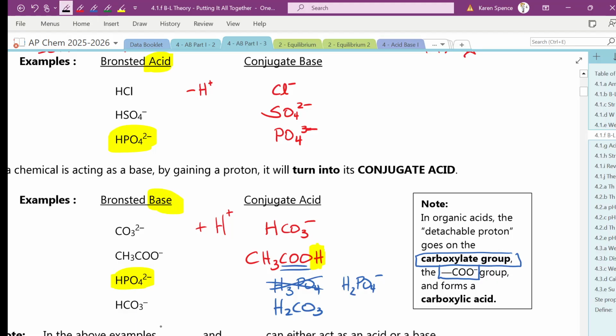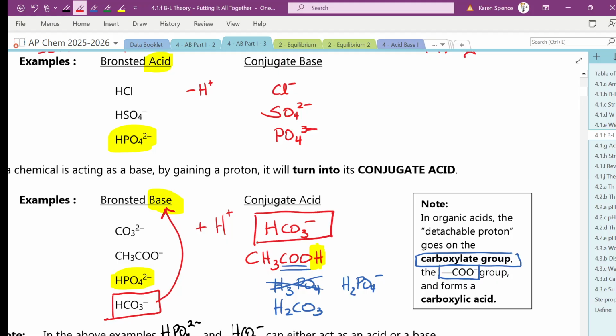So we have HPO4 2 minus. And we also have HCO3 minus. HCO3 minus shows up here where it is a base, but it also shows up here where it is an acid.